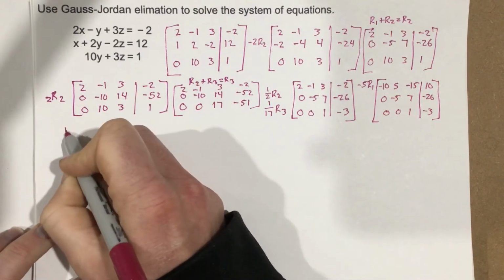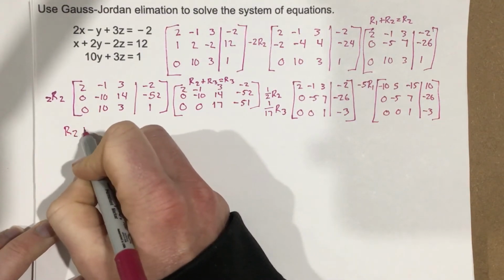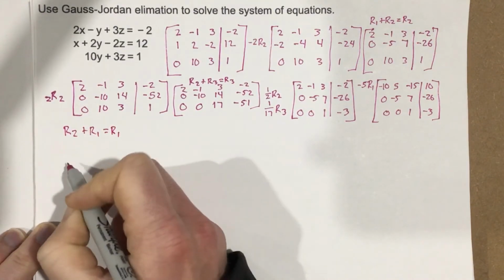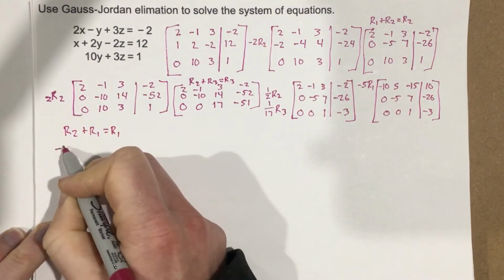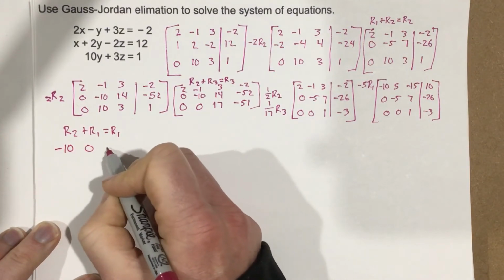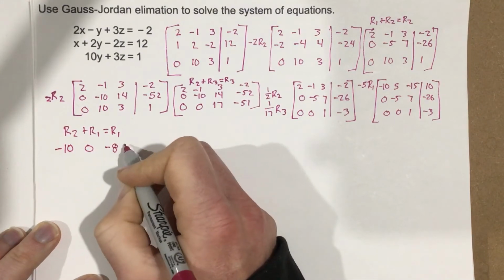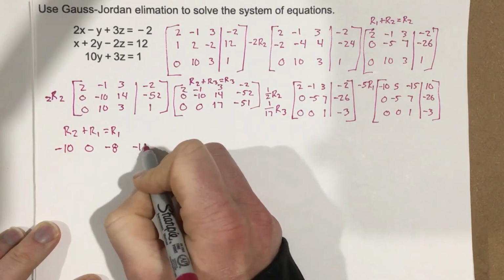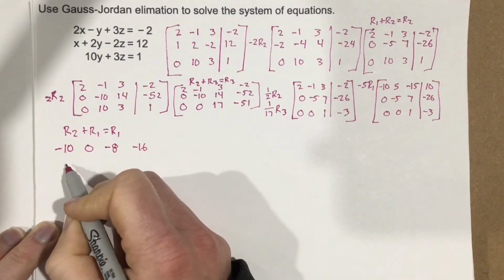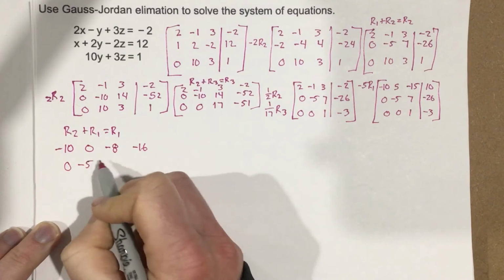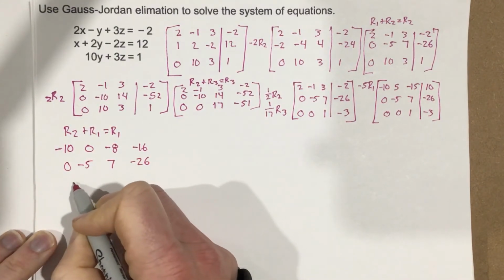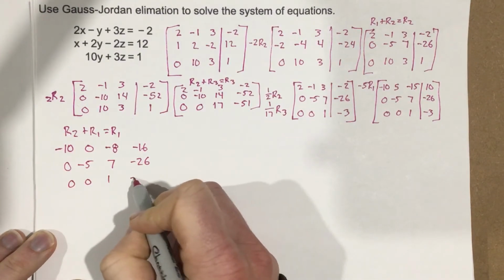Now we're going to take row 2 and add it with row 1, and that'll be row 1. When we add those, we get negative 10, 0, negative 8, and negative 16. The middle row is still the same, 0, negative 5, 7, negative 26, and then we have 0, 0, 1, negative 3 here.